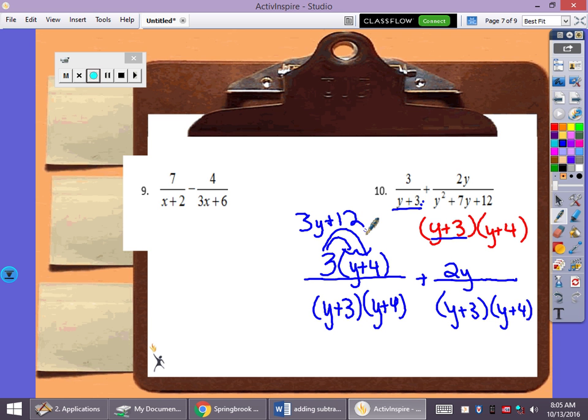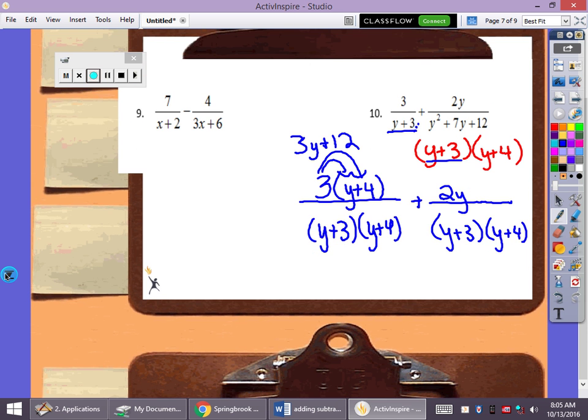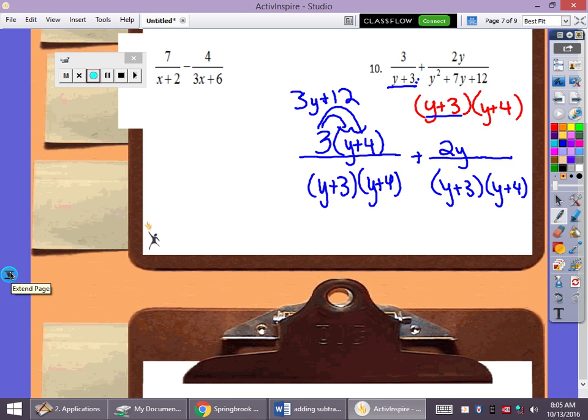Now I'm going to combine like terms. Okay, when I combine like terms, 3y plus 2y is 5y plus what? 12. And I don't have to do any work. My common denominator is up there. Y squared plus 7y plus 12, problem done.